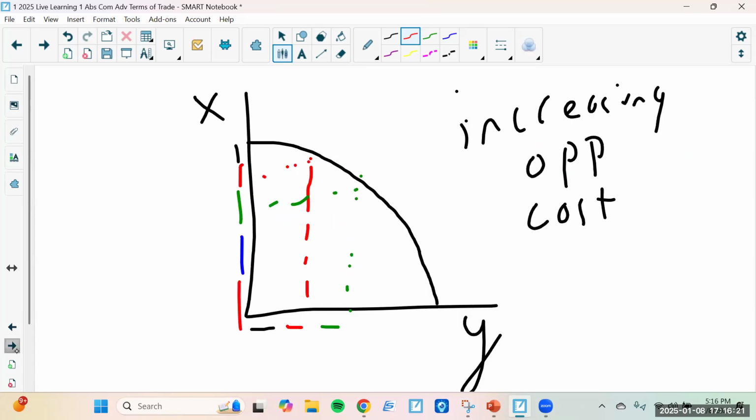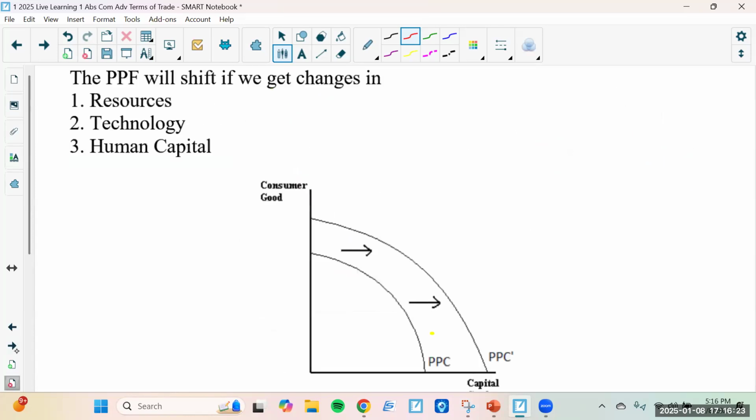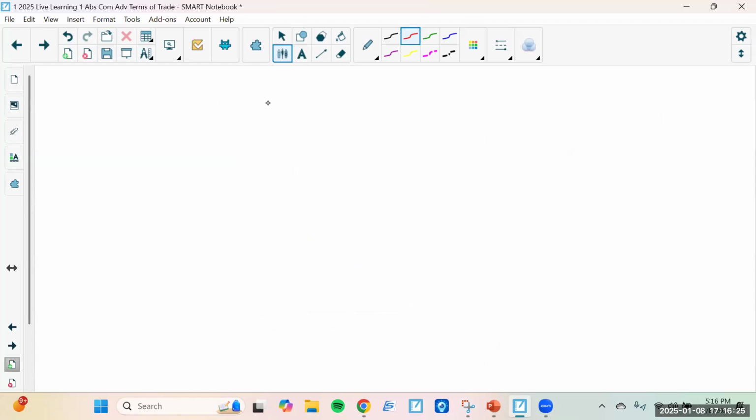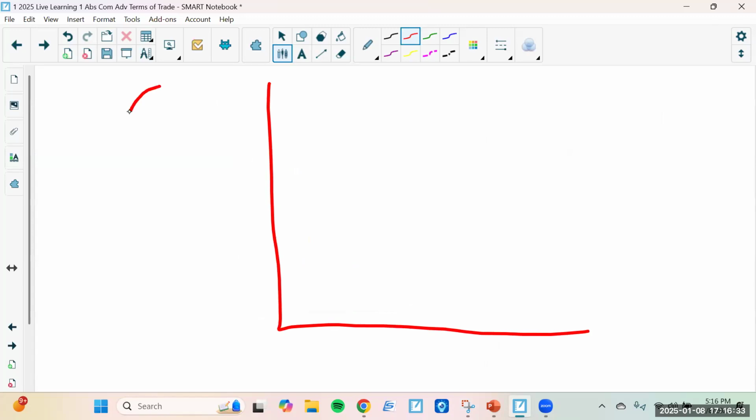The last one I want you to be aware of is what they call a decreasing opportunity cost. This one here, up until 10 or 12 years ago, we didn't even say that this existed. Let's say we're producing two goods. So we're producing butter, cars.